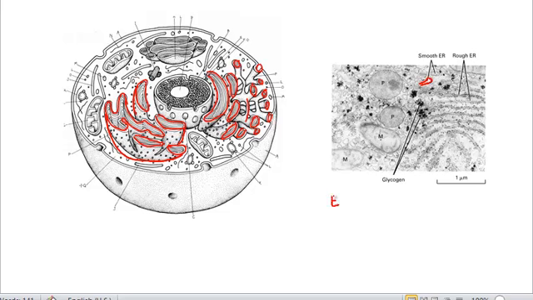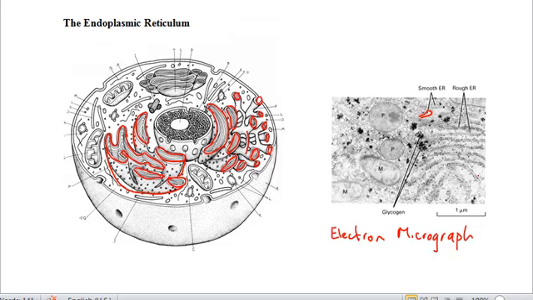Again, this is an electron micrograph of the endoplasmic reticulum, ER. And you can kind of see examples of it, these little tubules coming through here. But it's really quite messy if you look at it closely in a cell. It's highly organized, but there's just so much of it folding back and forth throughout the cell that it looks kind of messy.